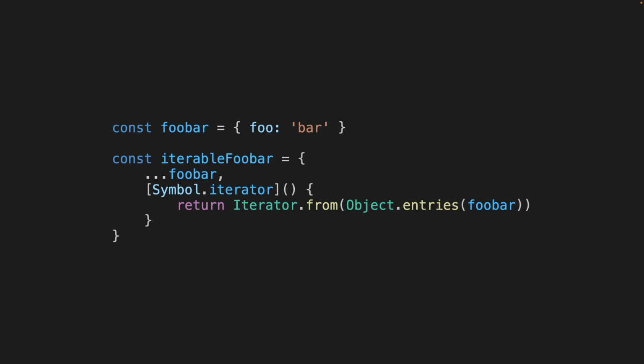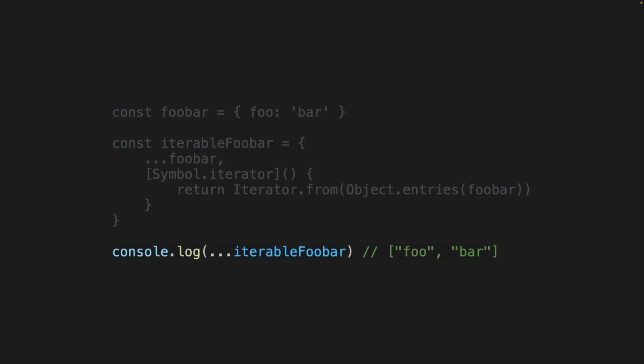So if we iterate over the object, we just get all the entries, the key-value pairs. If we execute that in our console log, we would just get one array in this case, which says foobar. So yeah, really nice. We can make any object iterable, and maybe you need this knowledge in the future.